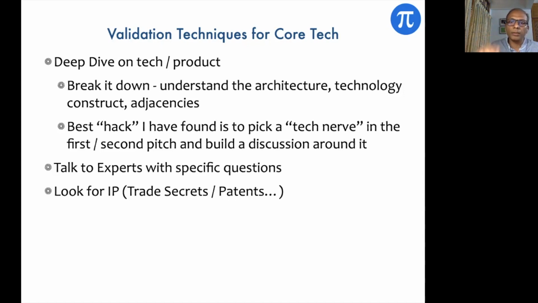I asked him, what is your problem? Why can't you detect it early? Then he showed me the mammograms of women under 45 years of age, which are early. And he showed me why it is so difficult to pick up an abnormality which looks like a normal structure. So that insight actually helped us in understanding what to ask experts and then how to go and validate the tech.